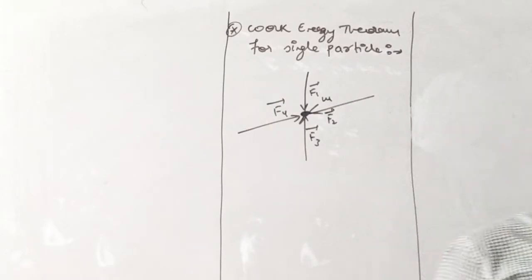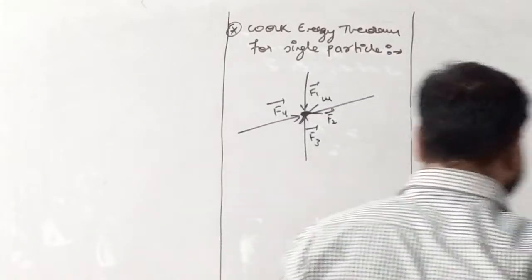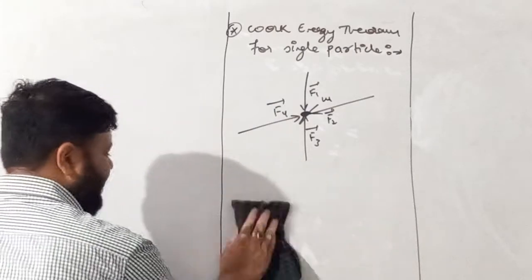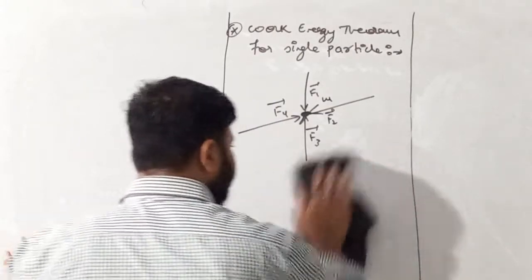Please write down: consider a particle on which 4 forces F1, F2, F3 and F4 are acting.